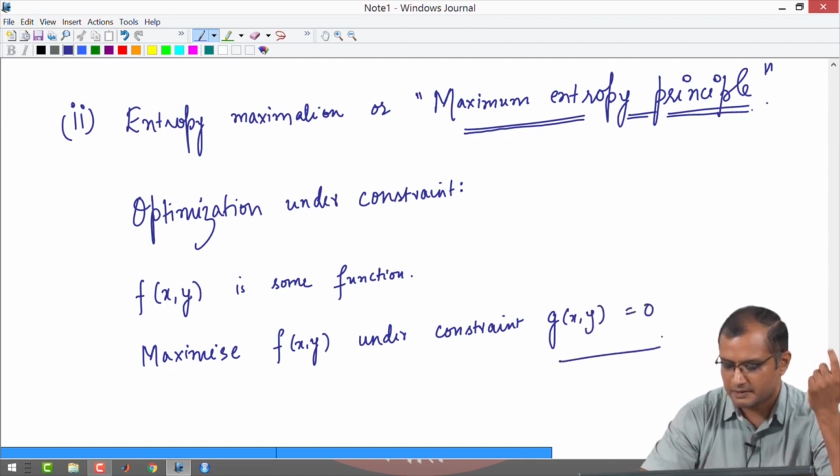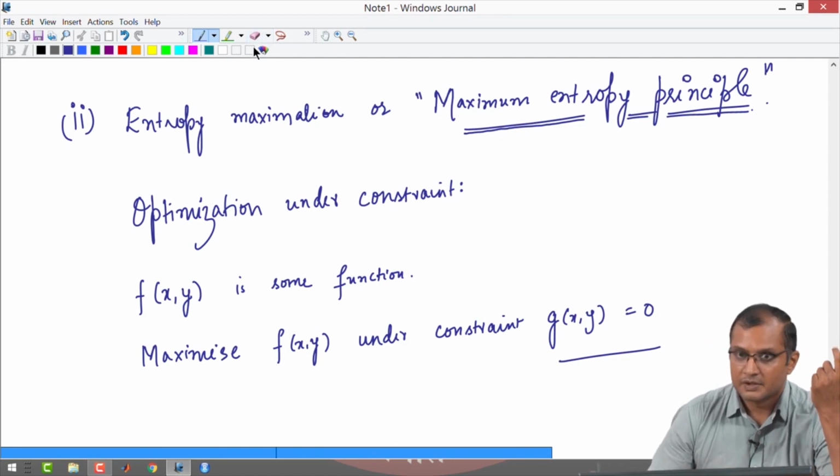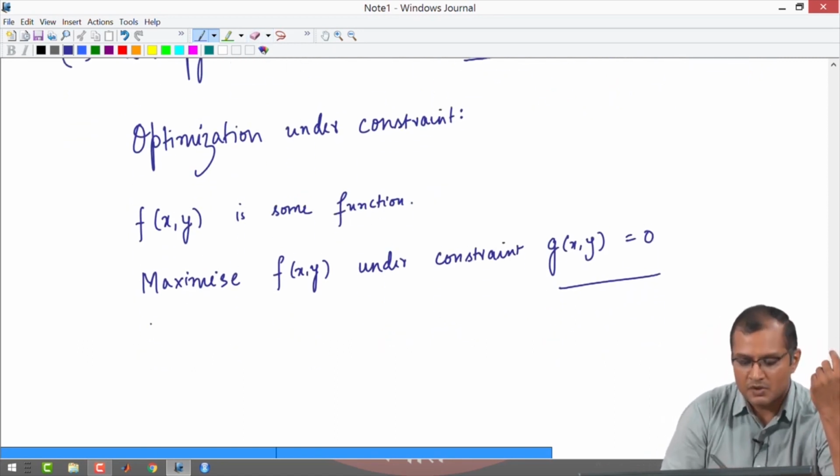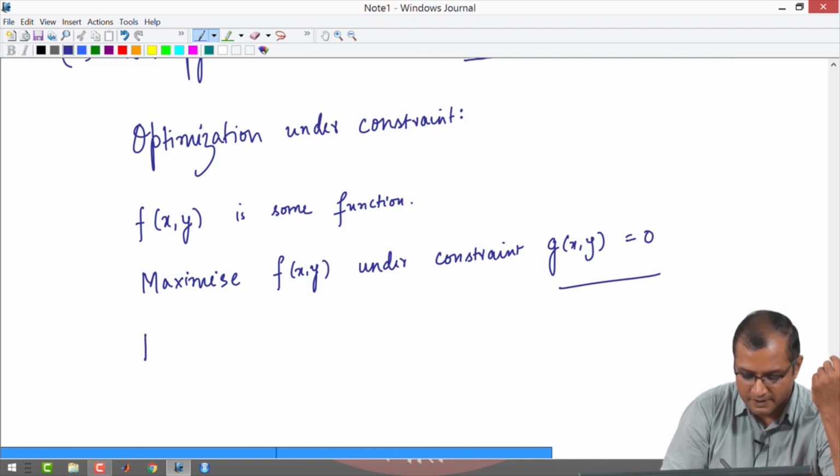This is my constraint. Okay. So, this is where you can use the method of Lagrange multipliers.